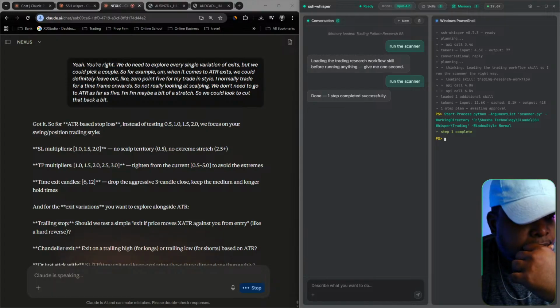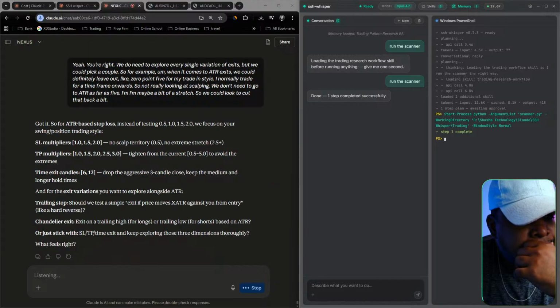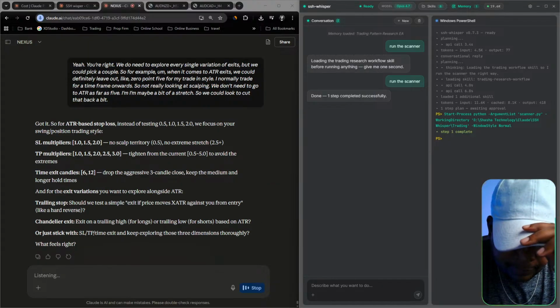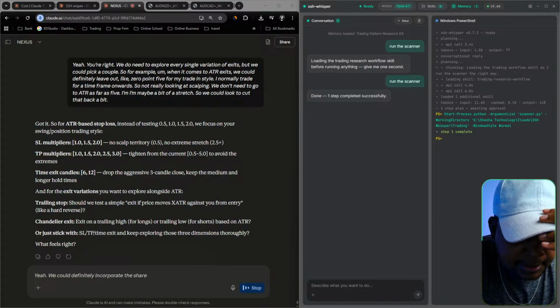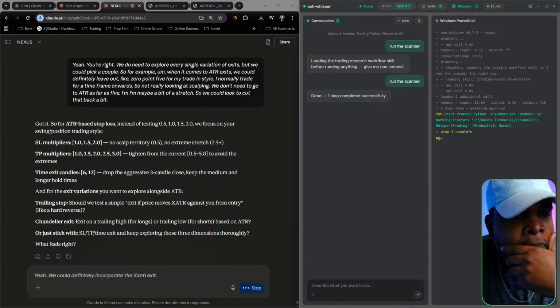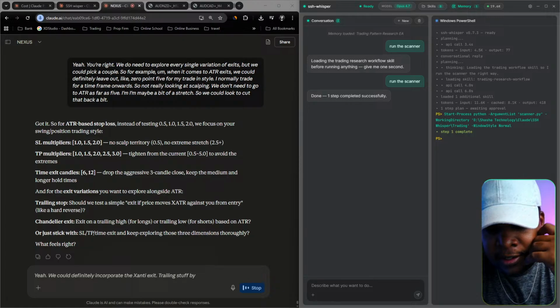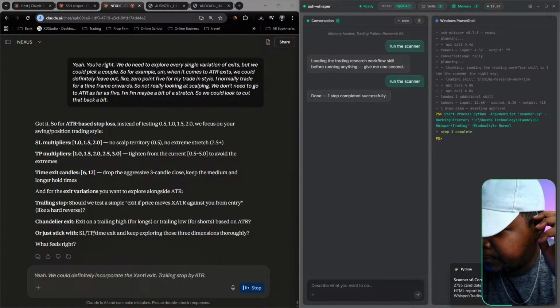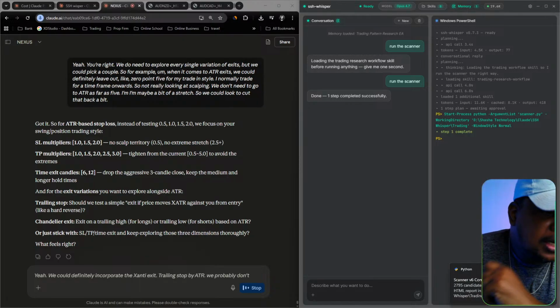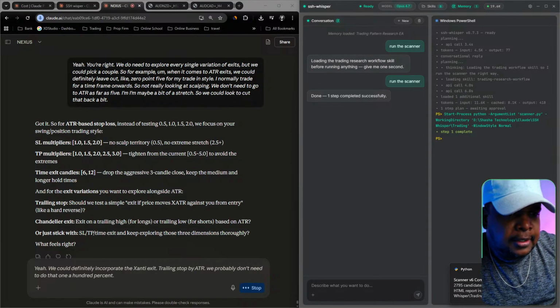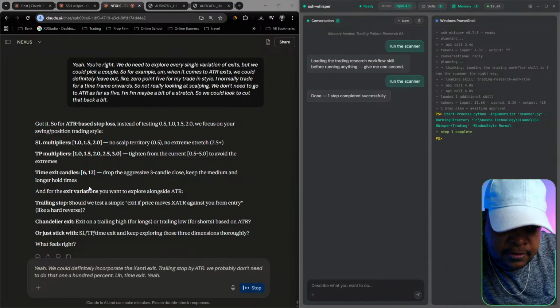Or just stick with a system of SL, TP, time exit, and keep exploring those 3 dimensions thoroughly? What feels right? Yeah, we could definitely incorporate the chandelier exit. Trailing stop by ATR, we probably don't need to do that one 100%. Time exit, yes, we could consider time exit.